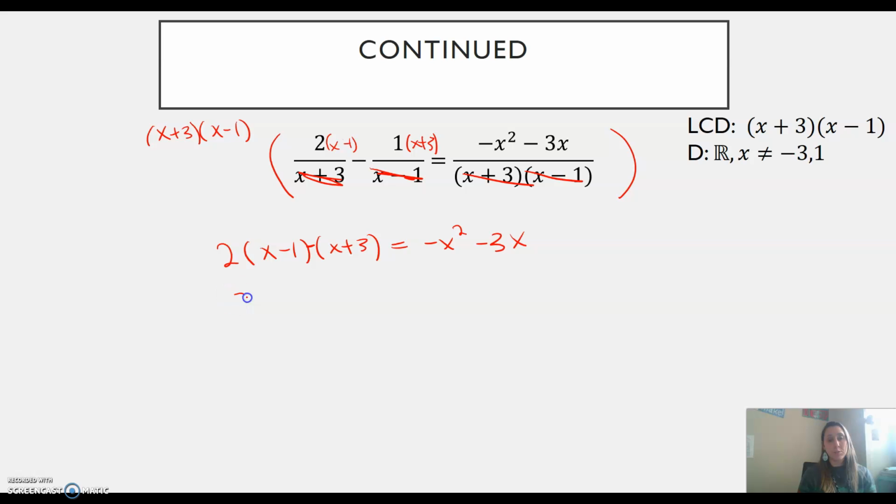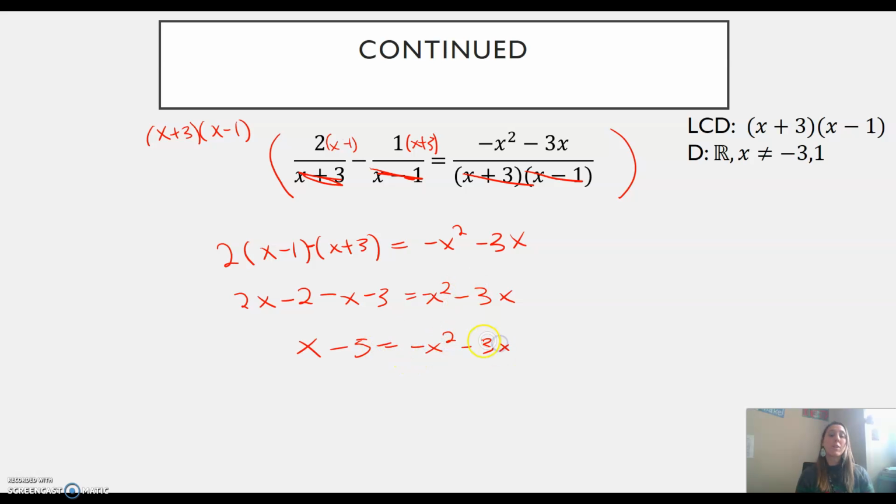So I've got the 2, so I end up with 2x minus 2 minus x, which is negative 1 times x, and then minus 3, is equal to negative x squared minus 3x. And then I need to combine my like terms. So I have 2x and negative x, so that ends up being just x, and then negative 2 and negative 3 is negative 5, and then these are different, so I can't combine them.